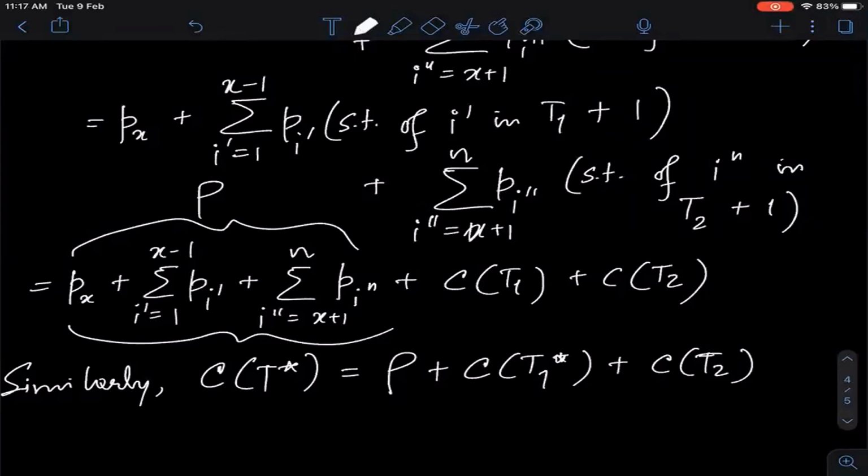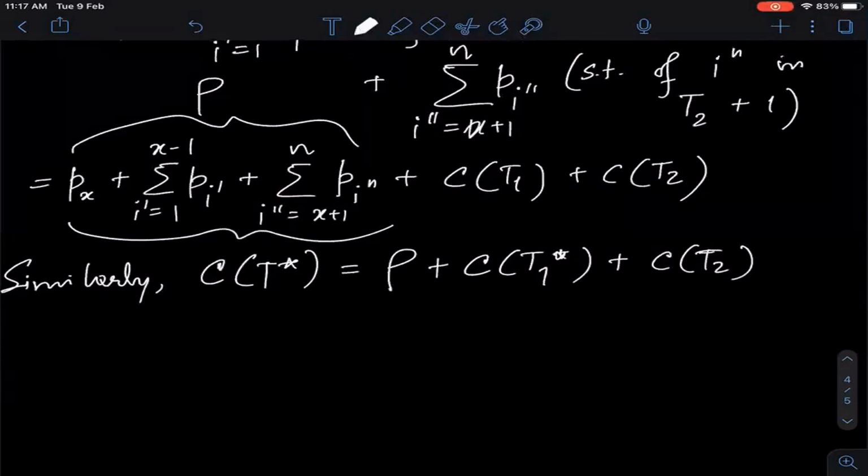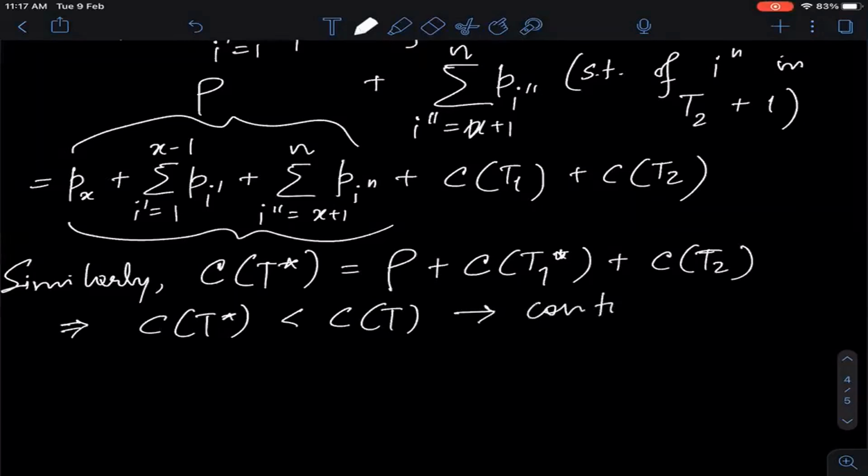But okay, is this proof clear? Okay, so now this implies that CT star is less than CT. Because I have assumed that CT1 star is less than CT1, and this leads to a contradiction. Okay, and that's the whole proof of the optimal substructure lemma.